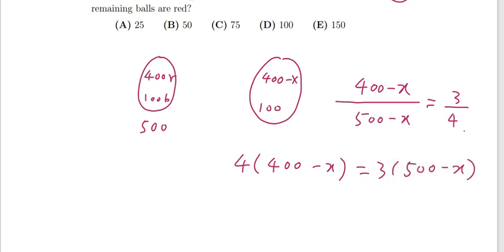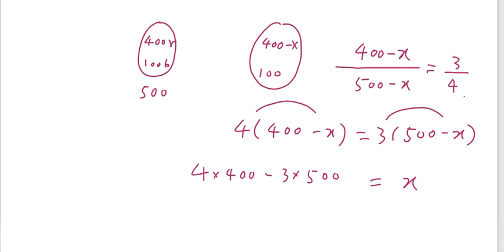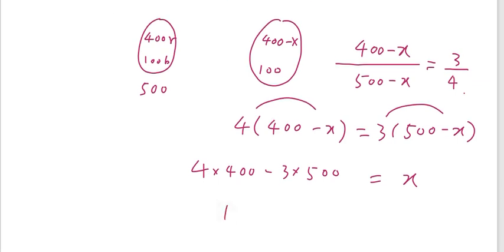So move x together: here we have negative 4x, here negative 3x, so moving x to this side gives 1x. Move the constants together: 4 times 400 minus 3 times 500, so this equals 1600 minus 1500, right?